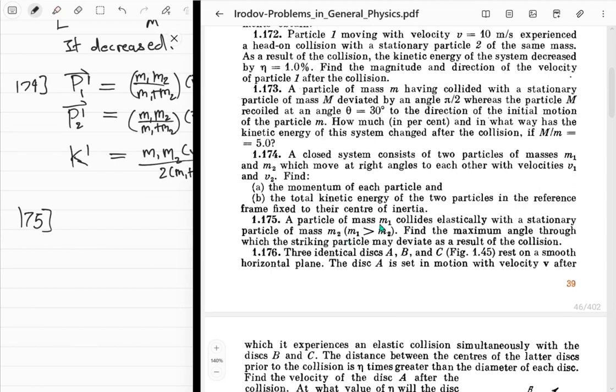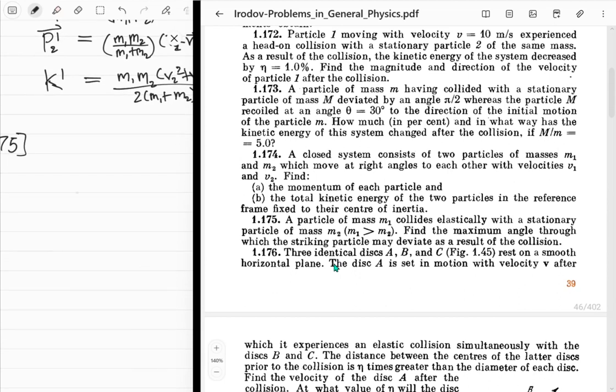A particle of mass m1 collides elastically with a stationary particle of mass m2. Find the maximum angle through which the striking particle may deviate as the result of the collision. Most likely 90 degrees, but still you can try to do it.